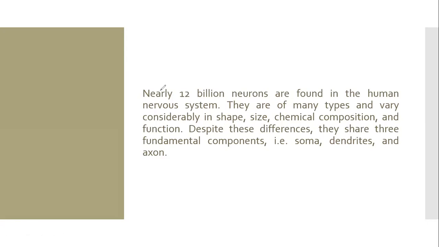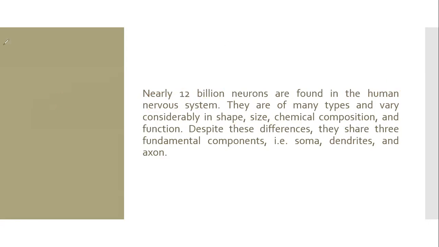Next, nearly 12 billion, 1200 crores of neurons, are found in the human nervous system, particularly in human beings. There are many types, and they vary considerably in shape, size, chemical composition and function.